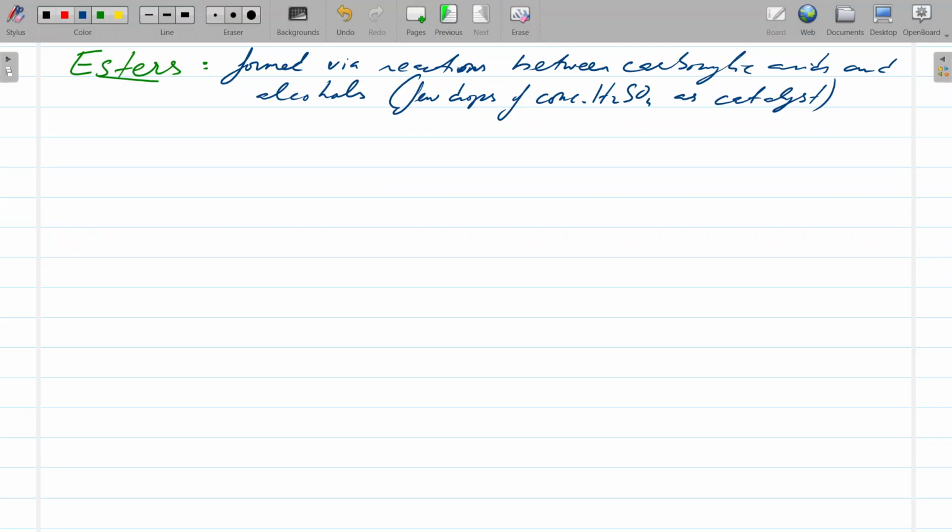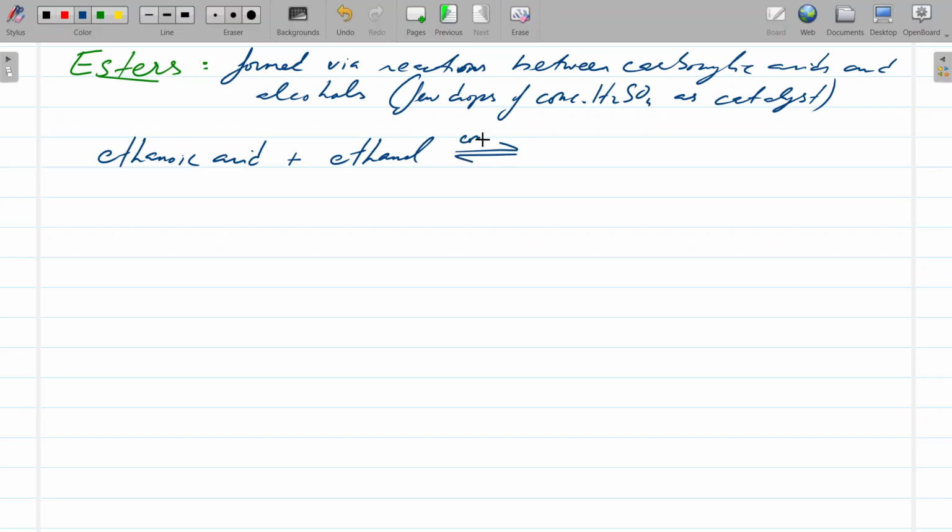So what do we have? We have, for example, our friend ethanoic acid, and we are reacting it with ethanol. And it's a reversible reaction. Keep that in mind. Arrows go both ways, half arrows going either way.